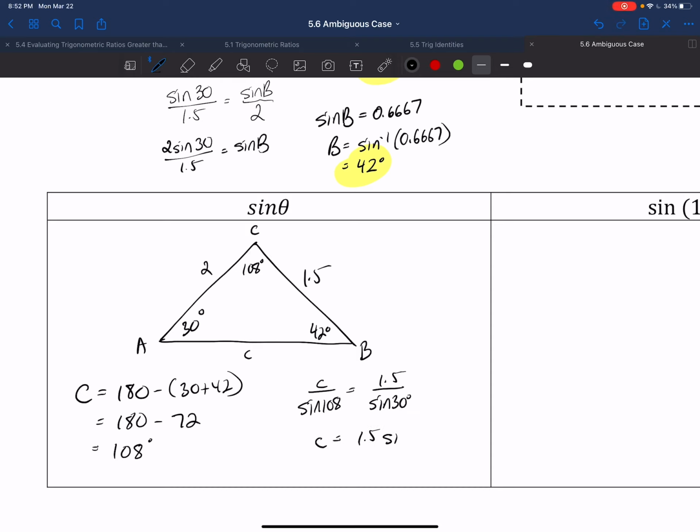And so here we have an obtuse triangle where one of the angles is greater than 90 degrees.